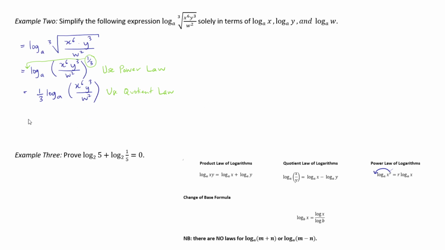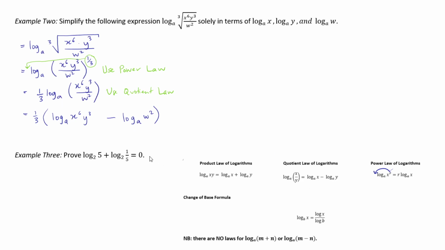So I'll take this 1 over 3 and keep it here. And then in brackets, because this is a coefficient, I'm going to write log base a of the numerator, x to the 6 y to the 3, minus log base a of w squared, so minus the denominator. Now I've effectively taken a quotient and split it up into subtraction by using the quotient law.